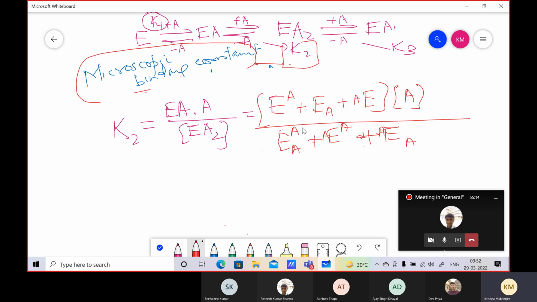So there are 3 combinations possible, 2 sites, either 1, 2 can be occupied, 1, 3 can be occupied, and 2, 3 can be occupied. So this is your K2.